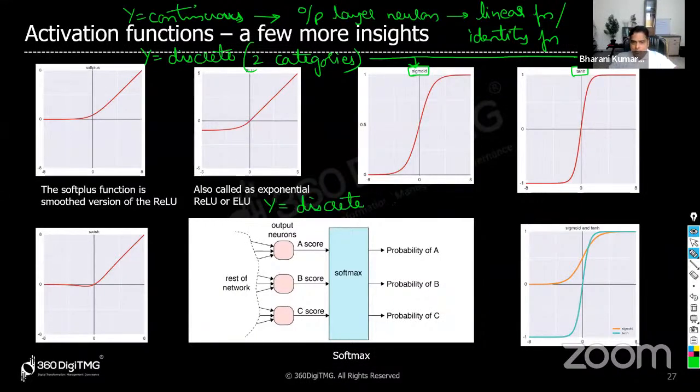If your output variable is discrete, and if you're going to have more than two categories, then you're going to use the softmax activation function.